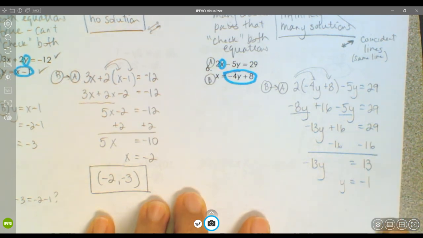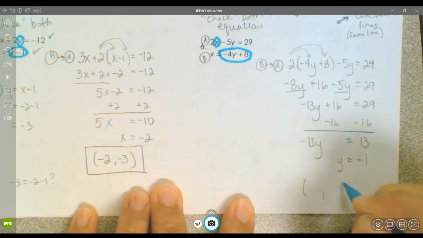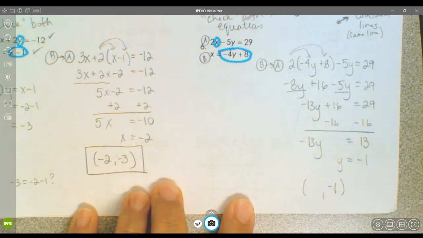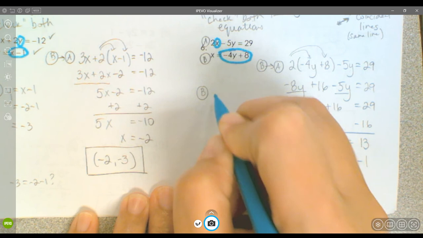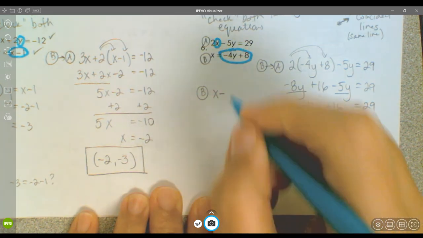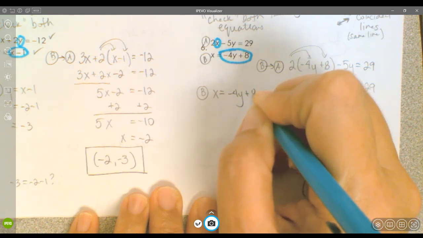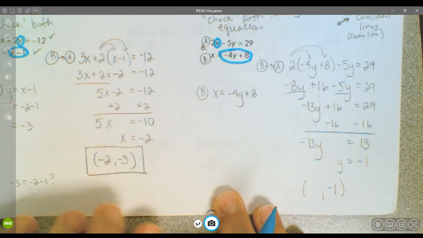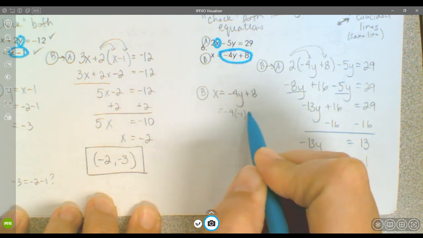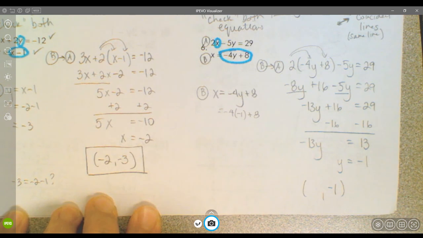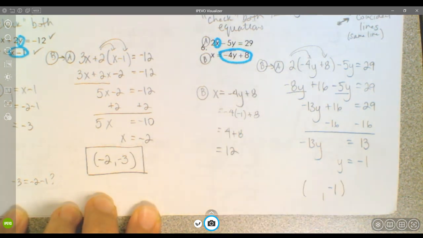So y equals negative 1. So y is negative 1. And now let's look into equation B. x equals negative 4y plus 8. Okay, so it's negative 4 times negative 1 plus 8. That's 4 plus 8, which is 12.